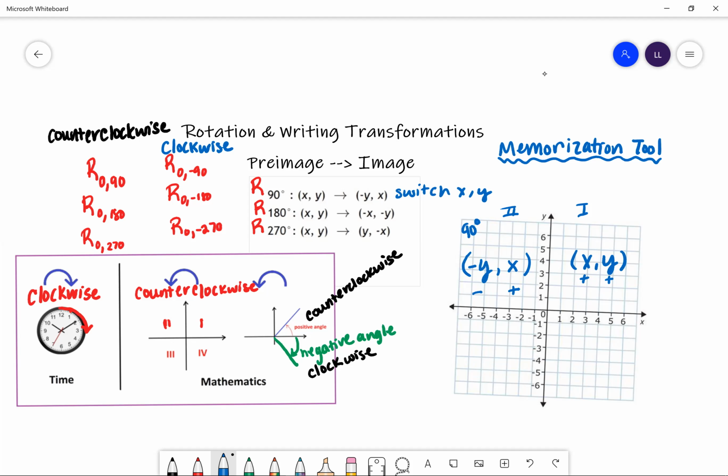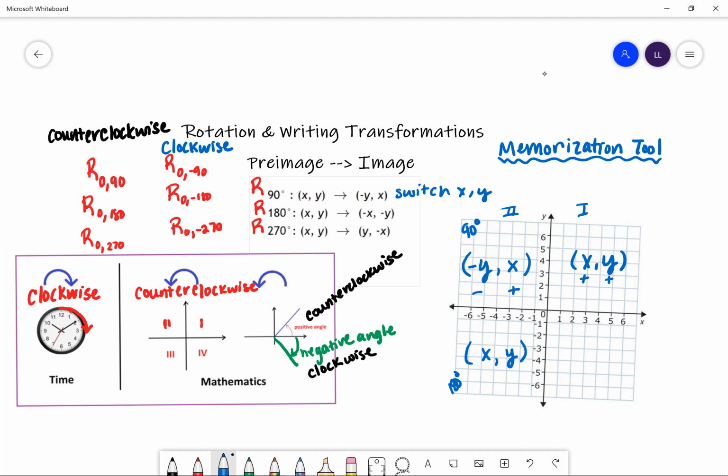So another 90 degrees would be 180. So here is a 180-degree rotation. In this quadrant, I'm going to switch the x and y again. And as you can see, in the third quadrant, the x coordinates are negative and the y coordinates are also negative.